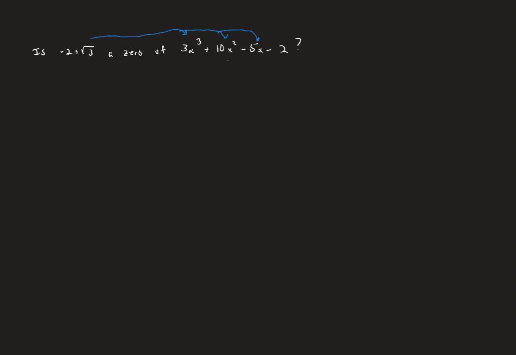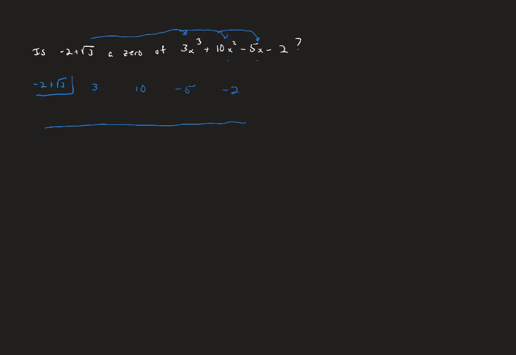And then you're going to have to do it times itself twice, and so on. Some people might try to do synthetic division or synthetic substitution. I'm going to show you this way. I'm not sure you're really going to like this. I think the last way that I'm going to do it is probably the way most people will do it, but I'm not going to say necessarily everybody will like that.